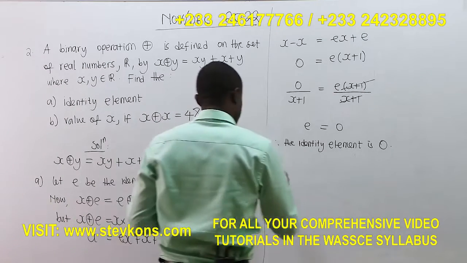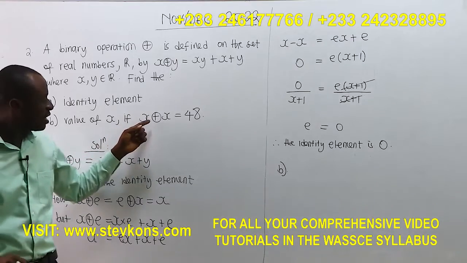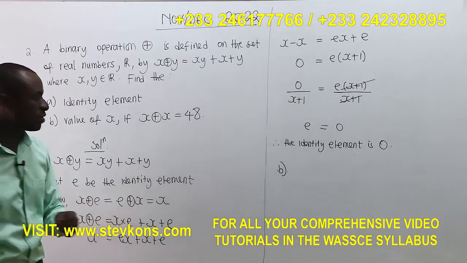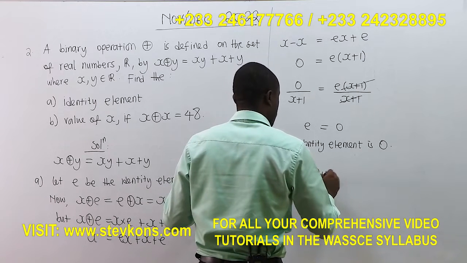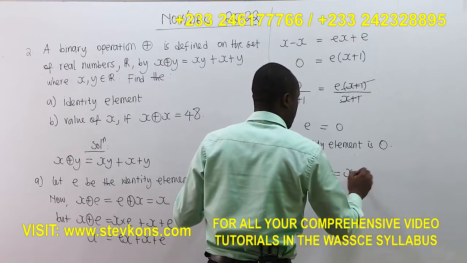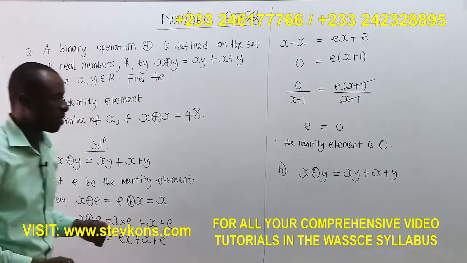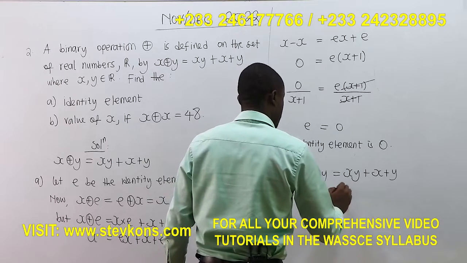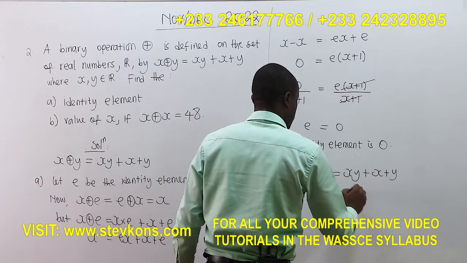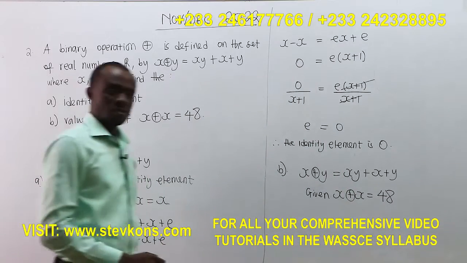Now, what is part B saying? Part B says you find the value of x if x operator x is equal to 48. Now, we know that x operator y is xy plus x plus y, and we've been given x operator x to be equal to 48.